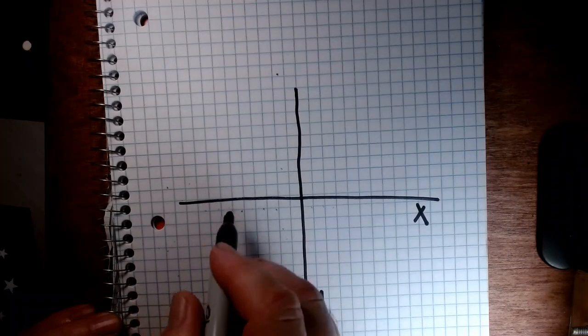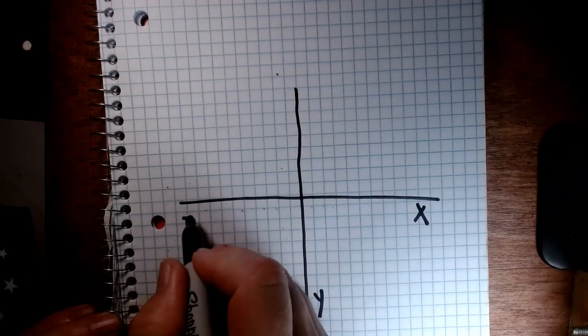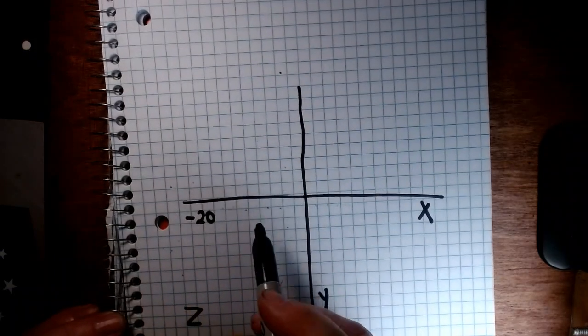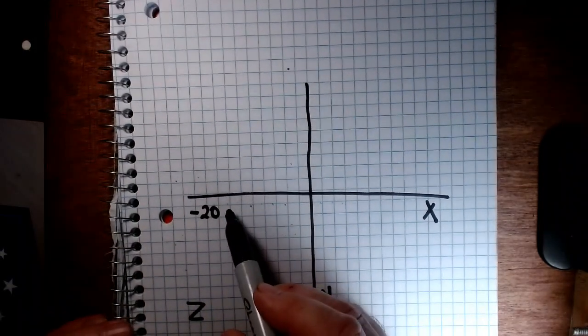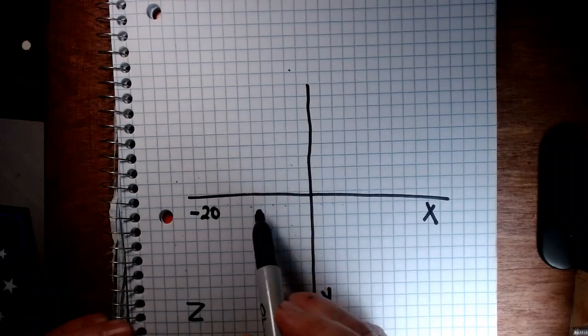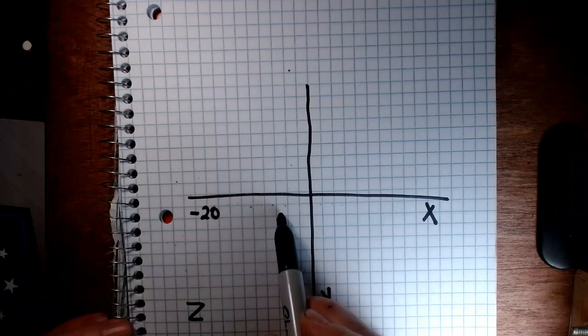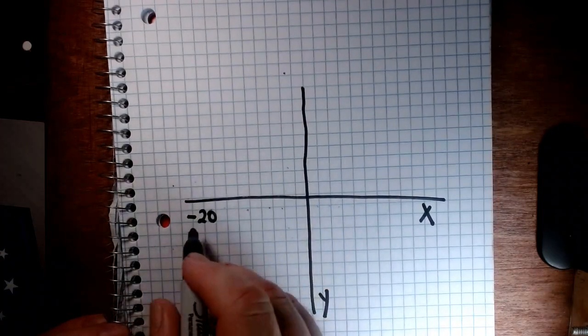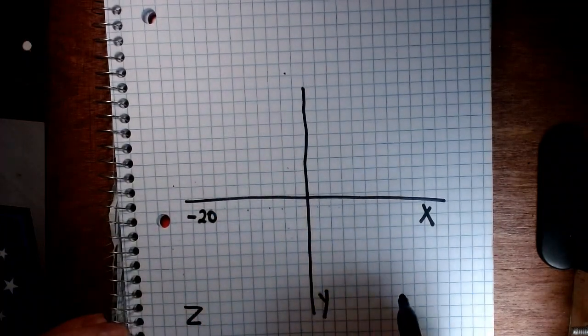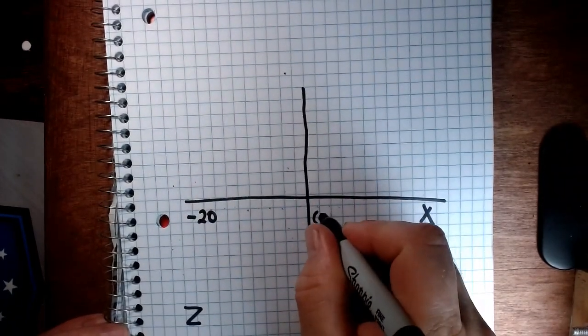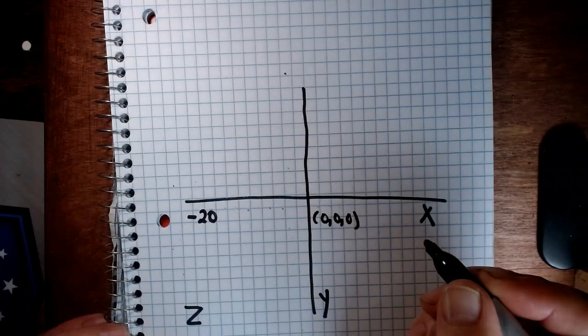So our measuring rod is over here at -20 is where it starts, and then as our sonic sensor detects distance, it adds to that -20. And so that's how we started it, right? But the middle of our page is actually this 0, 0, 0.